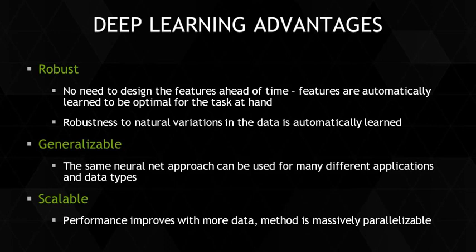So it's very generalizable, and this means it's also a very scalable solution. If you have the infrastructure to build and train deep neural networks, you can very rapidly apply that infrastructure to many different problems. And one of the very elegant things that emerges is that the performance of the networks typically improves the more data you train it on. And the method is massively parallelizable, so these applications can be applied to web-scale data sets.